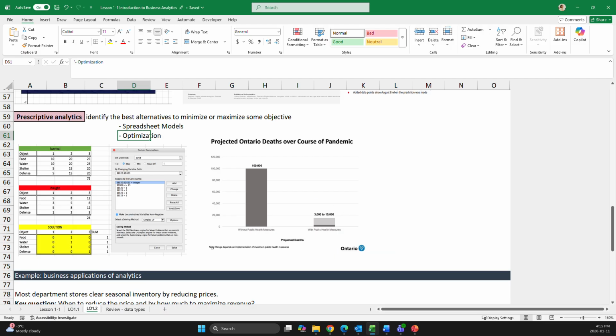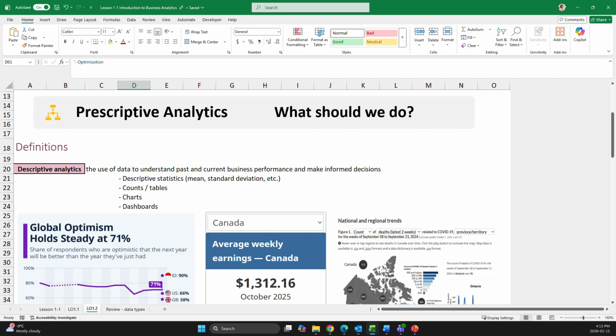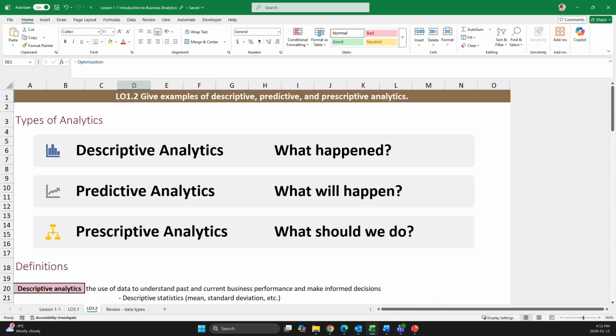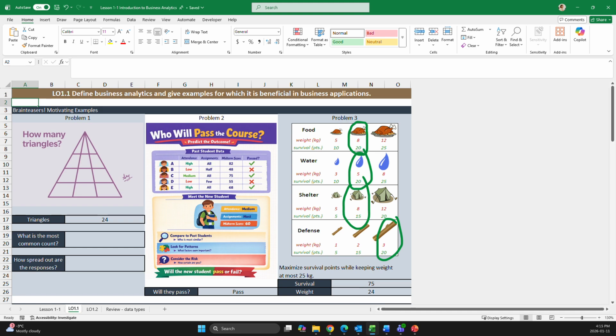These three areas of analytics, descriptive, predictive, and prescriptive, also correspond to the three brain teasers that I asked you in the previous learning outcome. Number of triangles and looking at most popular or spread is descriptive. It's just finding statistics to summarize what happened.